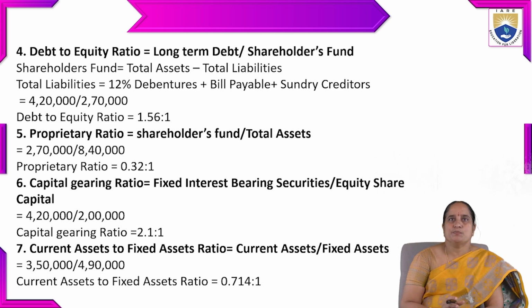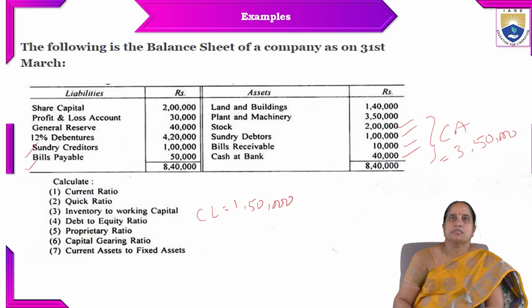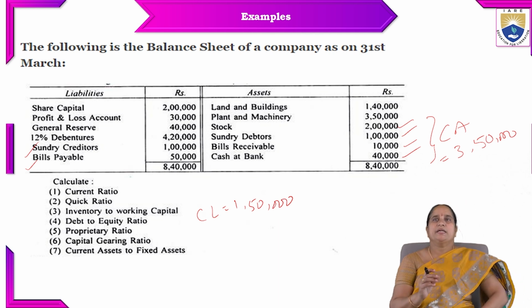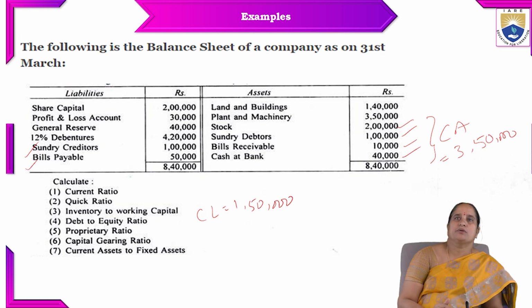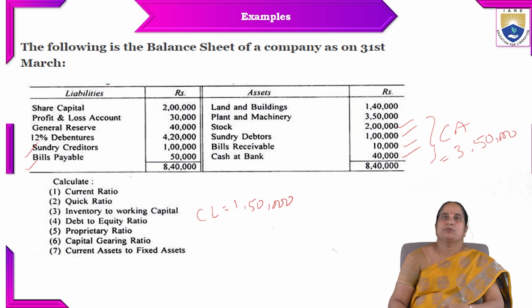Total assets means current and fixed assets. Plant and machinery, land and building are known as fixed assets; stock, sundry debtors, bills receivable, cash at bank are denoted as current assets.